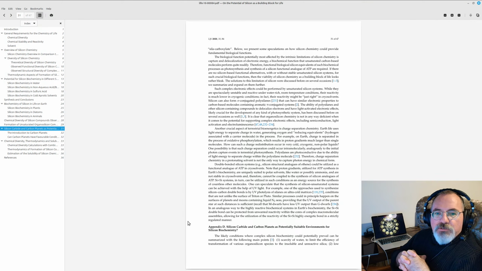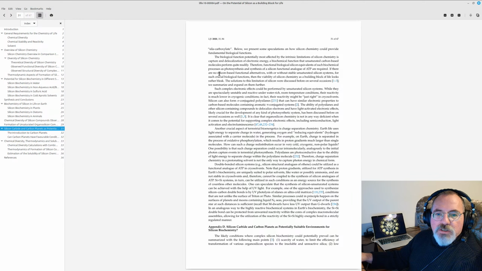The biological function potentially most affected by the intrinsic limitations of silicon chemistry is capture and delocalization of electronic energy, a biochemical function that unsaturated carbon-based molecules perform quite readily. Therefore, functional biological silicon equivalents of such biochemical processes as photosynthesis and synthesis of a silicon functional analog of ATP are required.